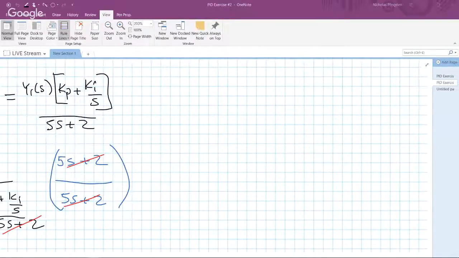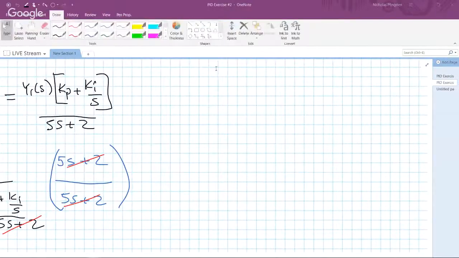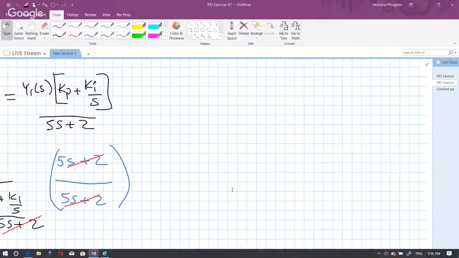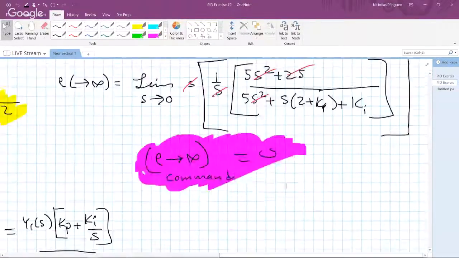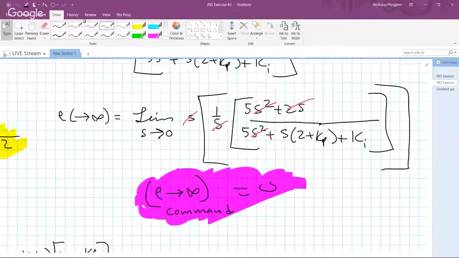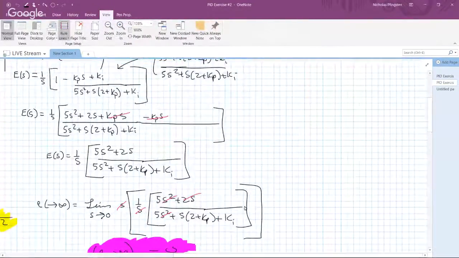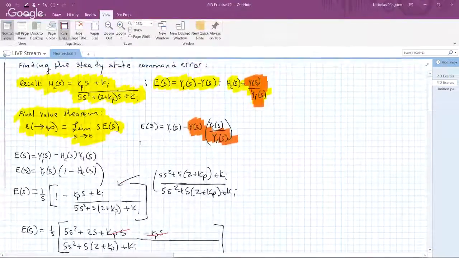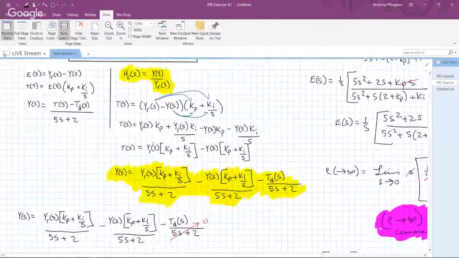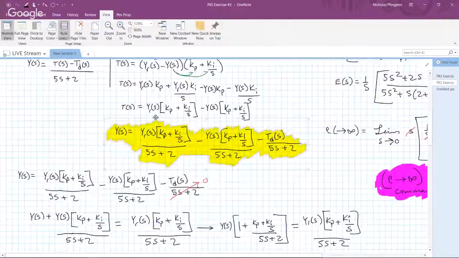So the steady state disturbance error, you just got to go back. We have to go back to this equation right here.